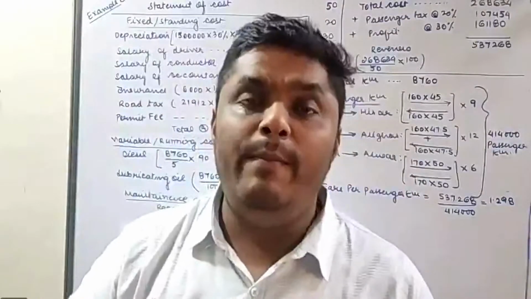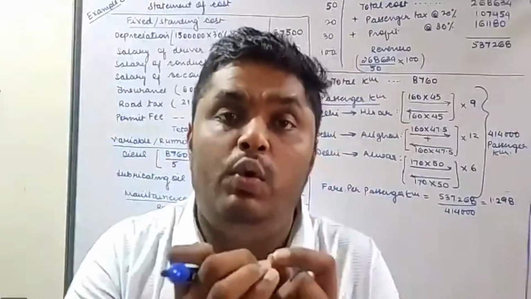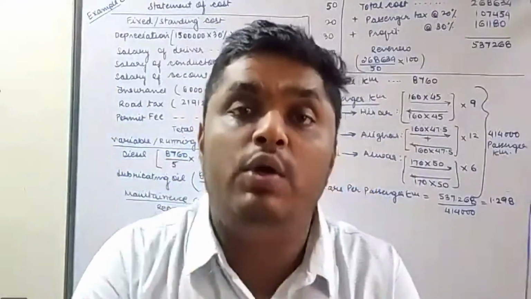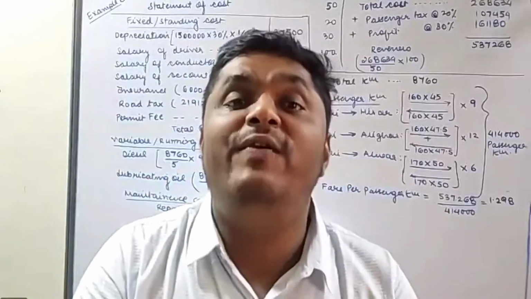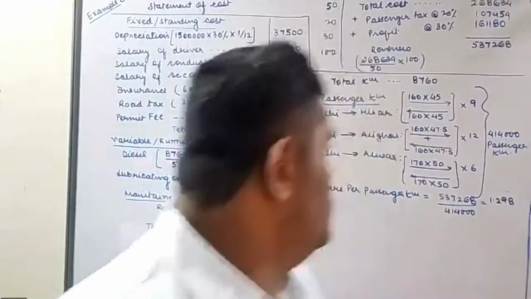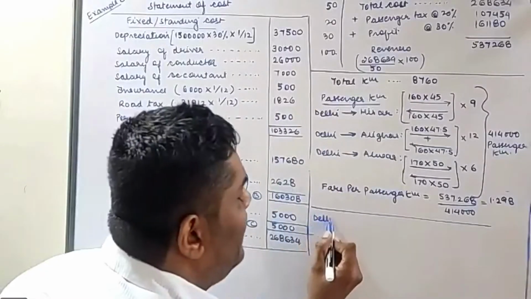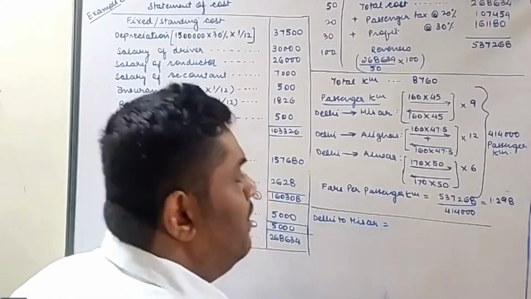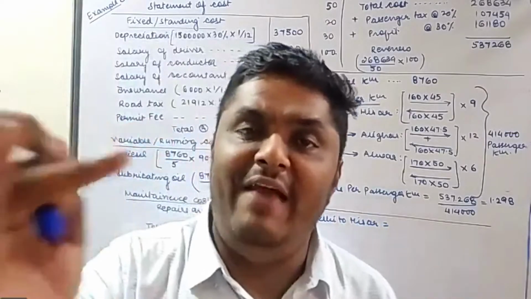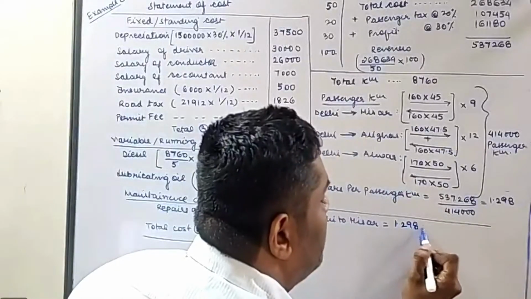So what is 1.298? Guys, do pay attention to the language. It is the amount to be charged from every passenger for every kilometer traveled. So herein, we can say if a person is traveling Delhi to Hisar, for every passenger, every kilometer, how much we want? 1.298.